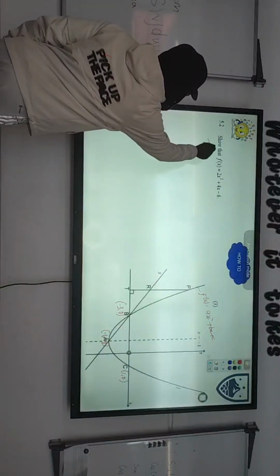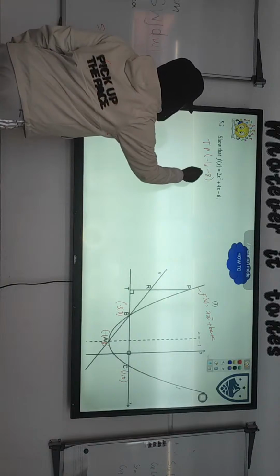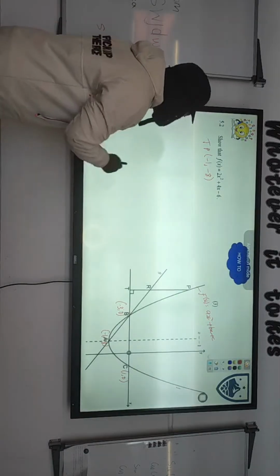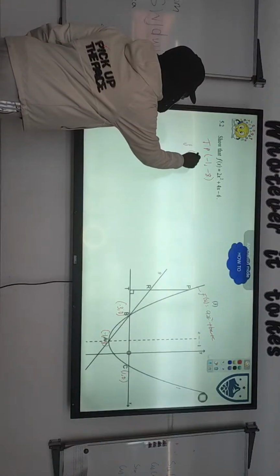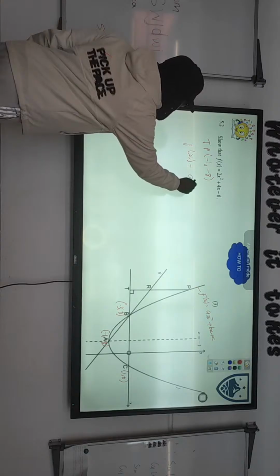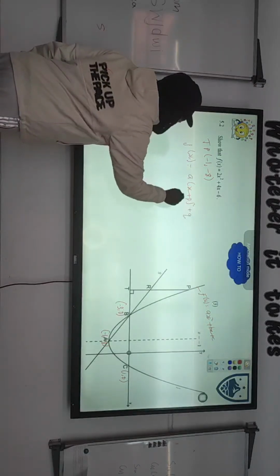The turning point here was given as negative 1 and negative 8. That's our turning point. And the equation with a turning point is f(x) equals a(x plus p) squared plus q.